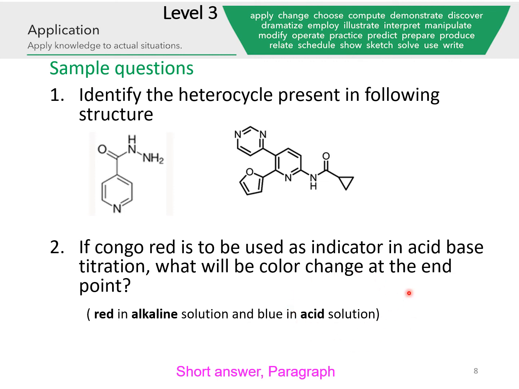Now they should start thinking that acid-base titrations can be carried out in two ways. We take acid in the beaker and base in the burette, or we can take the reverse also.